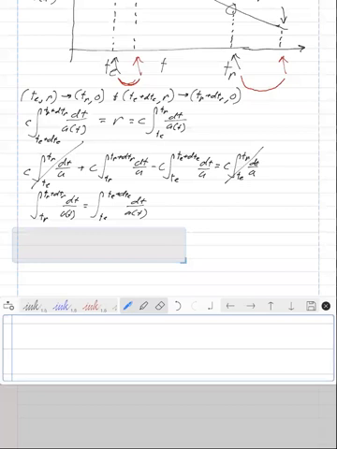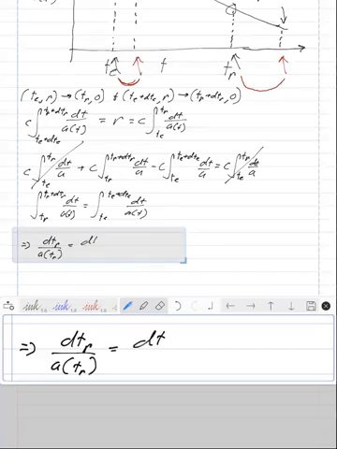And in the limit that these dt's are small, these approximate to dt received divided by A of tr is equal to dt emitted over A of t emitted. And so now we have a relationship between the interval in time, dte and dtr, between when it's emitted and when it's received.